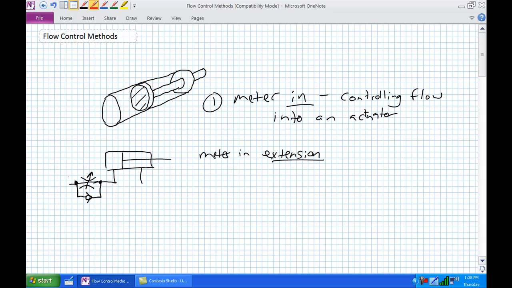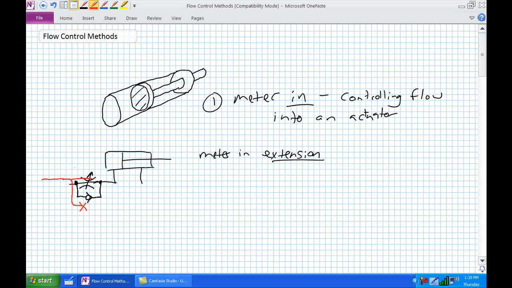So I've controlled my cylinder extension rate by whatever fluid flow that my pump can possibly produce is coming in this direction. It tries to go through the check valve, it can't. It's forced to go through the flow control valve, which creates a pressure differential, and excess flow is going to be dumped over the pressure relief valve.